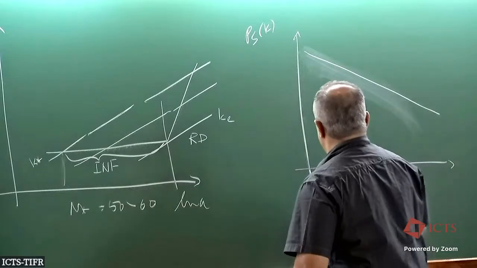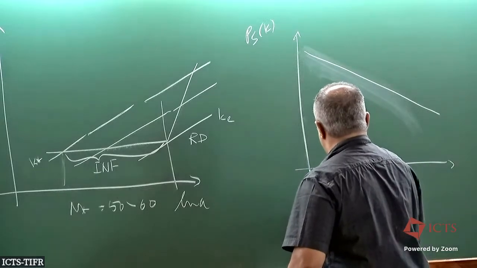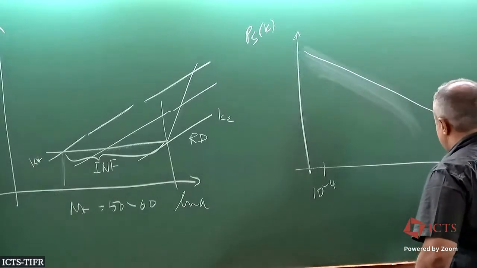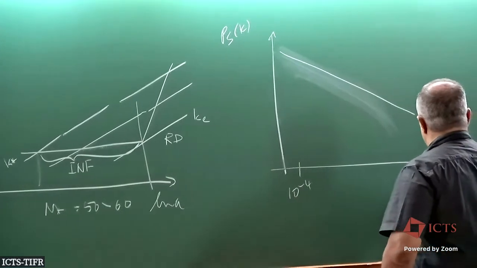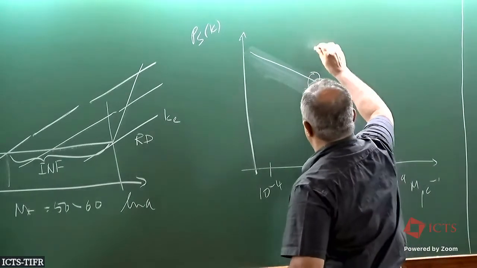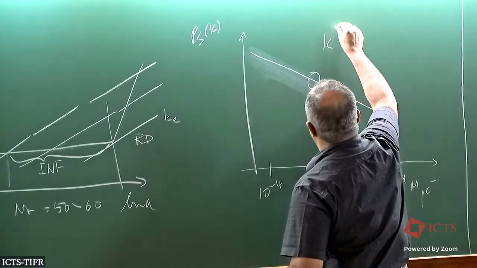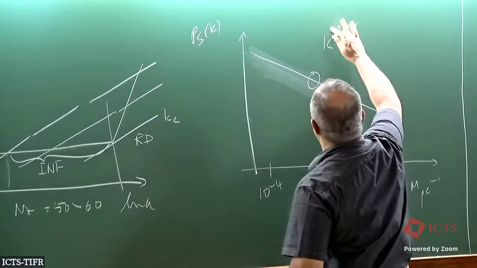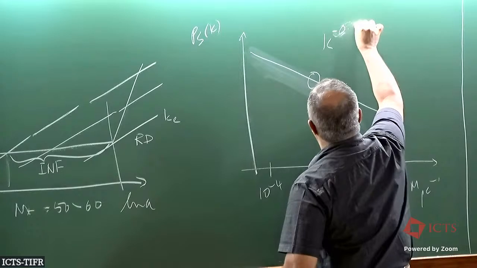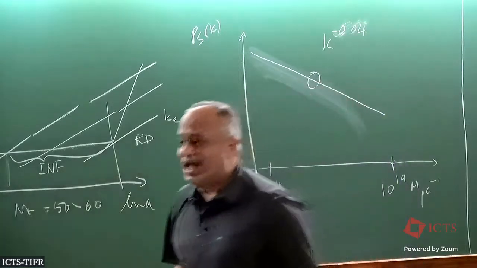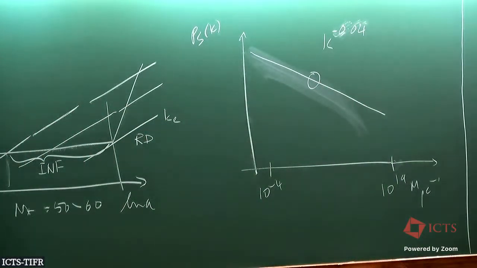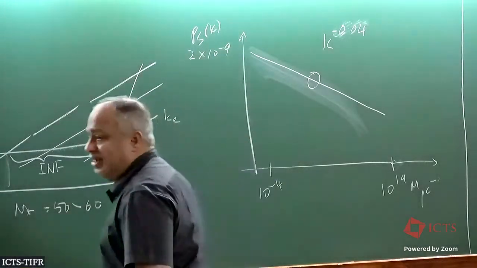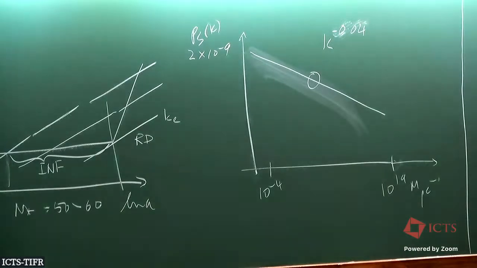You have scales from about 10 power minus 4 to virtually the end of inflation, which can be something like 10 power 19 megaparsec inverse. So the spectrum is something like k power minus something like 0.04, a slight red tilt, and this amplitude is roughly 2 times 10 power minus 9. That's what the power spectrum in slow roll inflation looks like.